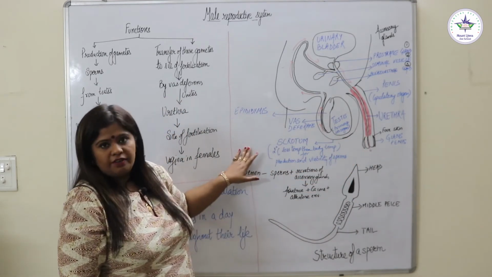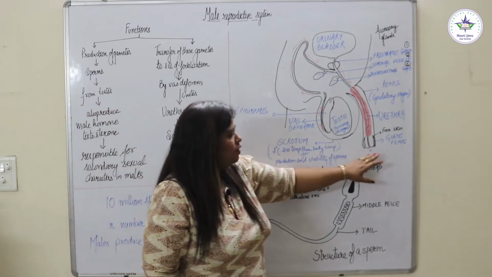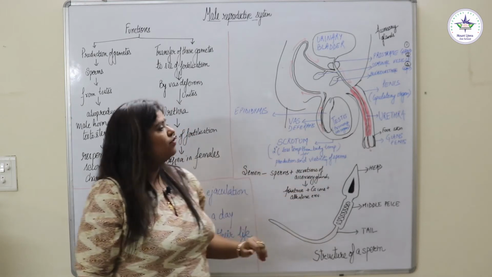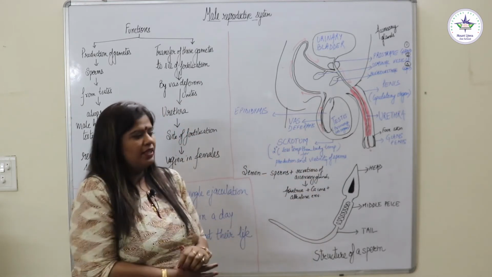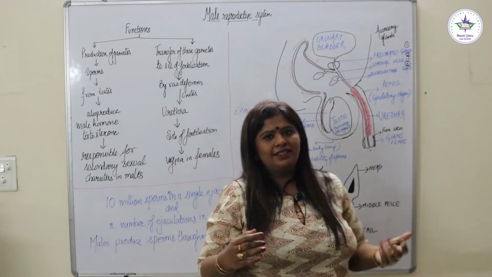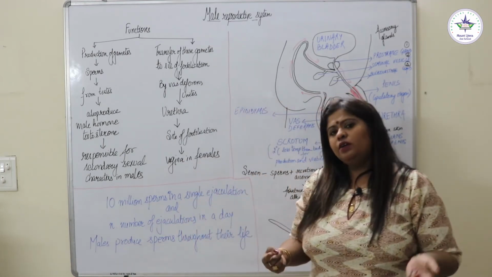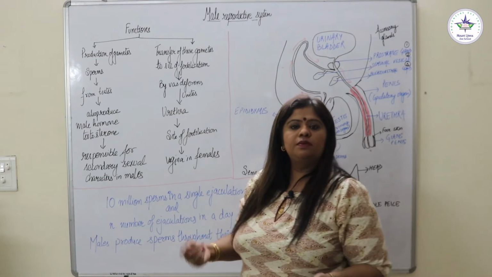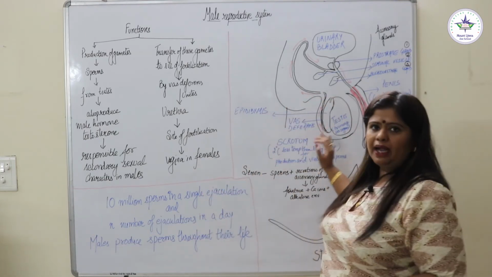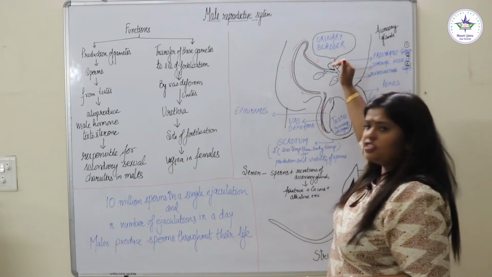If you observe, in case of males there is a single opening for the ejaculation of the semen as well as for giving out urine. So there must be a confusion in the mind: how will the body control whether it is time to give out the urine or time to give out the sperms or the semen? Again, that is connected to the mind, and there is a sphincter here.